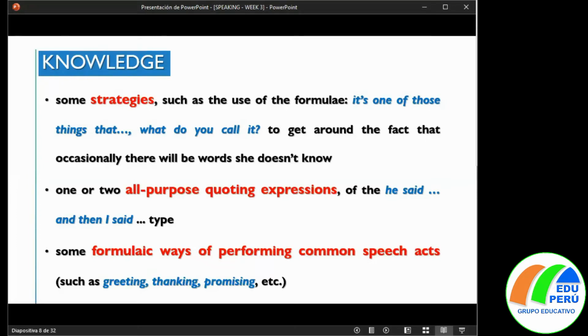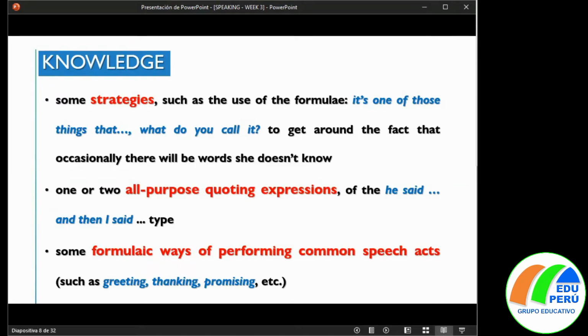Remember, then we have the transactional and interpersonal. So transactional and interpersonal refers to the purpose. If we transmit information, we give information, or just to maintain a relationship. So here the purpose is to transmit, to give you some information, and you can get a better knowledge about how to teach this skill.